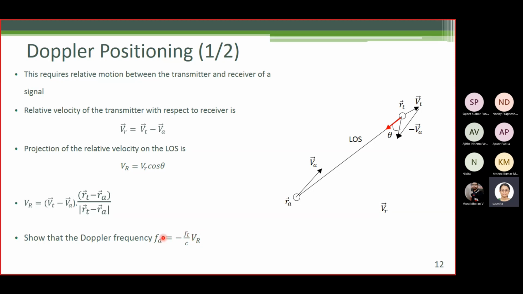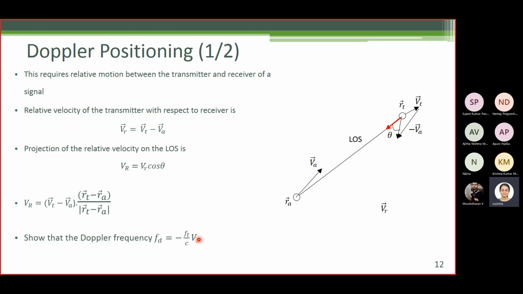So we can convert the measured Doppler frequency to VR and assume that VR is the measurement. In case of Doppler positioning, we assume that V capital R, the projection of the relative velocity between the transmitter and the receiver on the line of sight, is the measurement. We got the measured quantity.